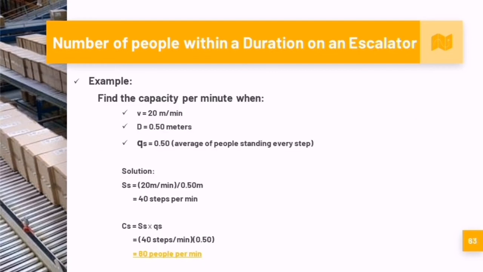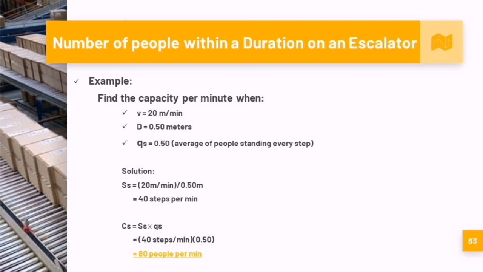For example, find the capacity per minute when V is equal to 20 meters per minute, D is equal to 0.50 meters, and QS equals 0.50, which assumes an average of half the steps have people standing. For the solution, SS is equal to 20 meters per minute over 0.50 meters, which is equal to 40 steps per minute.